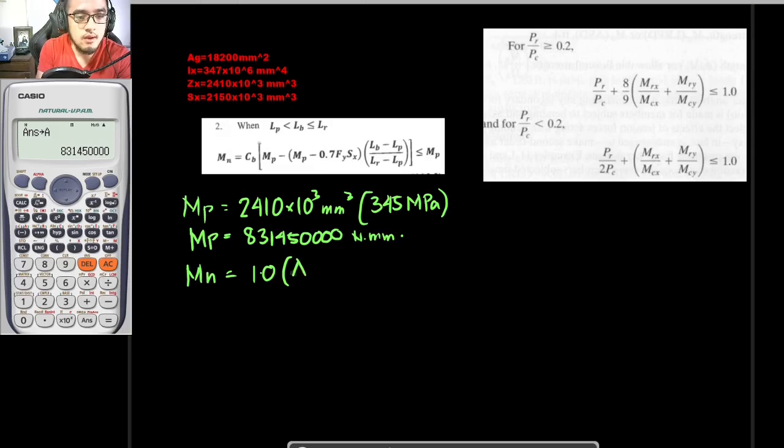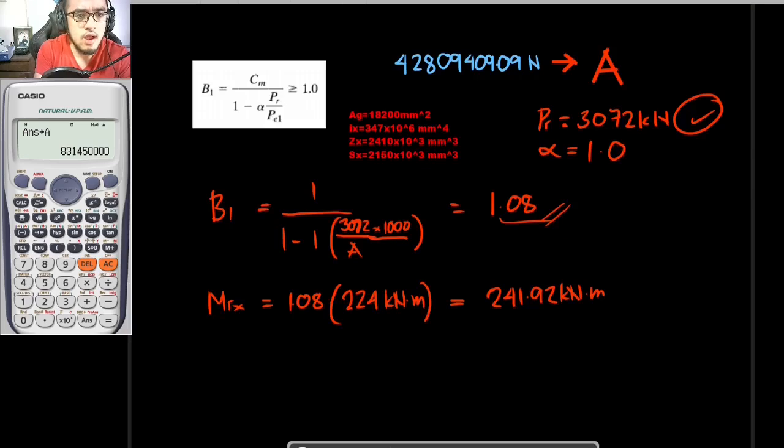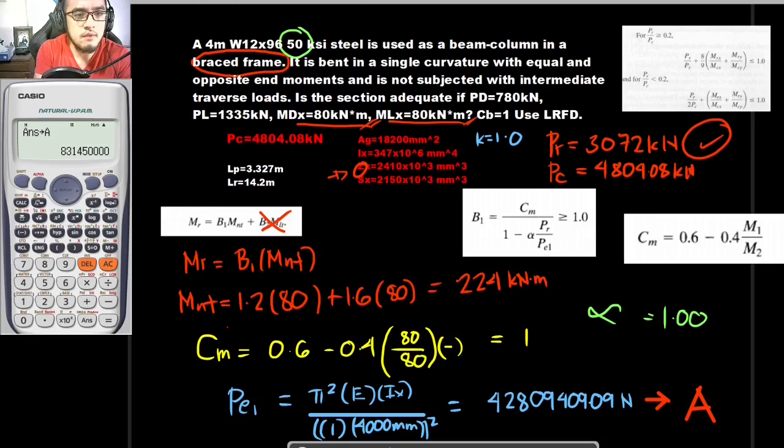So, A minus 0.7 times Fy, which is 345, times Sx, and our Sx would be 2150 times 10 raised to 3, times Lb minus Lp. So our Lb, okay, nakalimutan yung Lb natin, 4 meters pala. 4 meters, then copyin ko ulit to, baka makalimutan ko yung Lp and Lr natin.